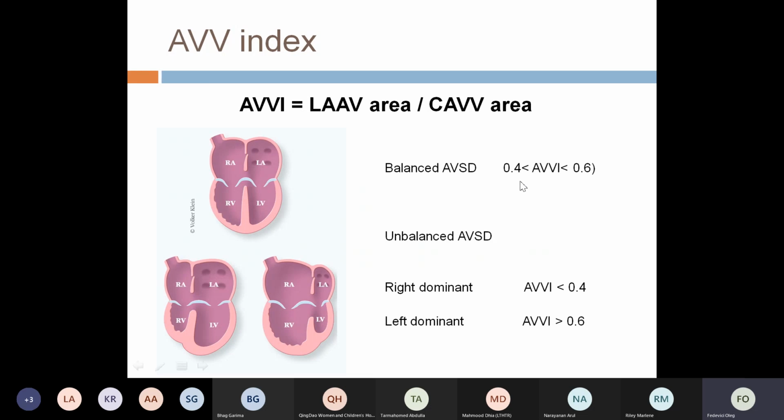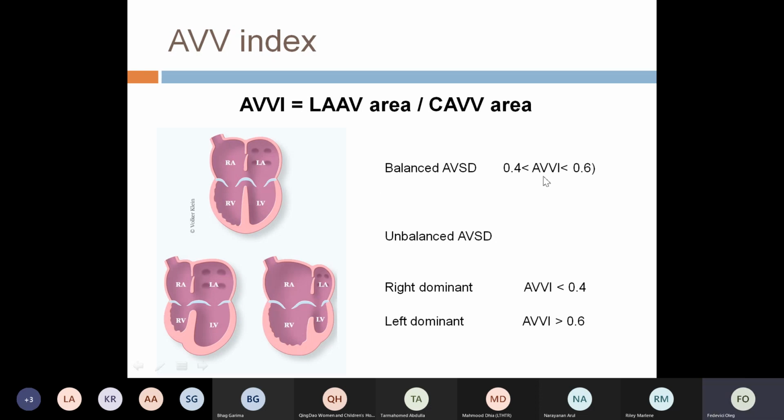So they distinguished balanced AVSD. The main part is they described the atrioventricular valve index, that is a relation of left part area, which you can measure on echo, to common atrioventricular valve area.